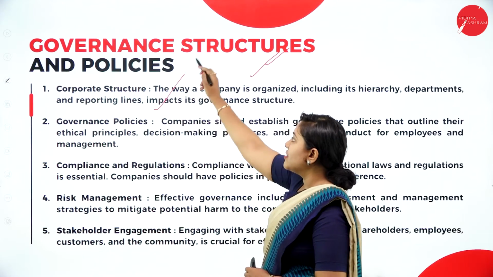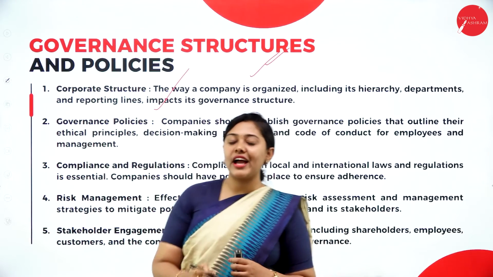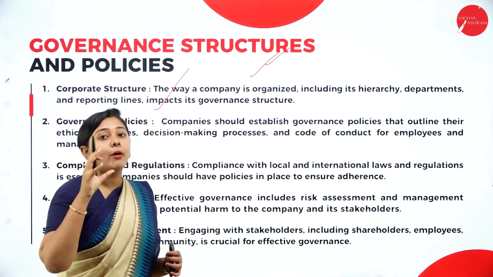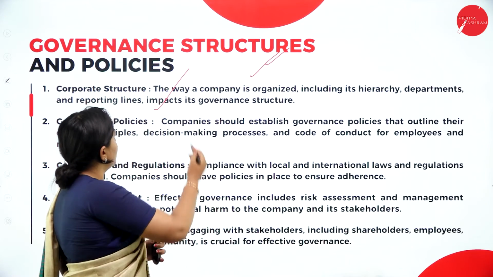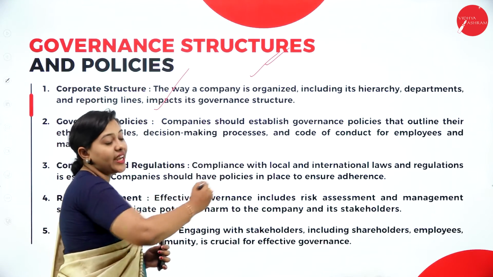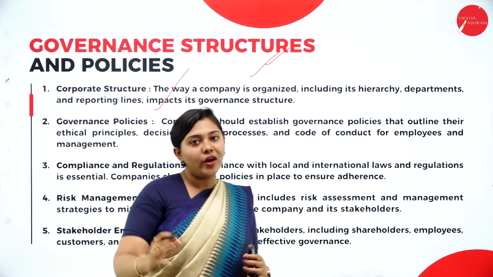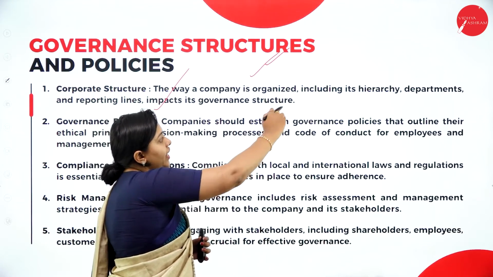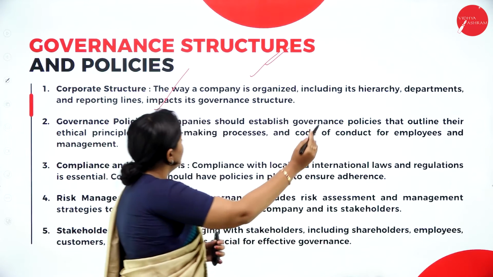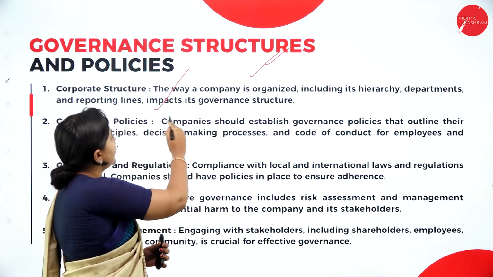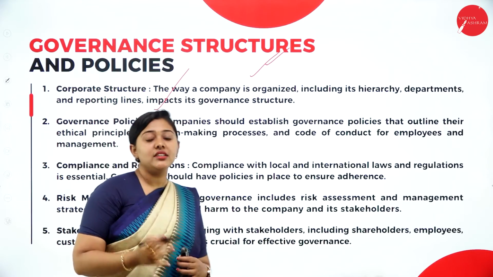So the first thing is corporate structure. What do they have to do? They have to develop a proper corporate structure. The way a company is organized, as I have told you, organized is nothing but putting things in order, including its hierarchy, departments, and reporting lines, is the governance structure.